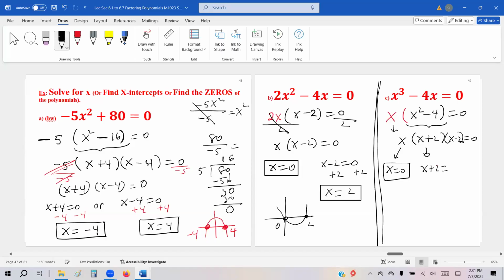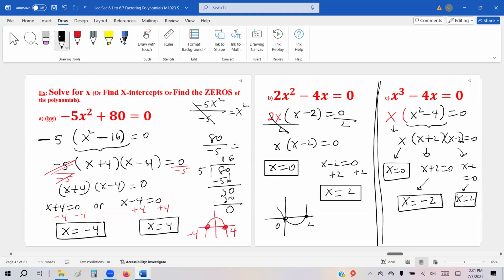X plus 2 and then x minus 2. So x equals -2. And for this one, x equals +2. I don't have space, so I'm just bringing that down. Oh, so you have three solutions: x equals 0, x equals -2, and x equals +2.